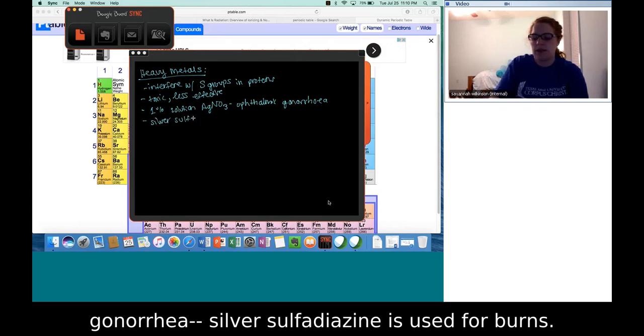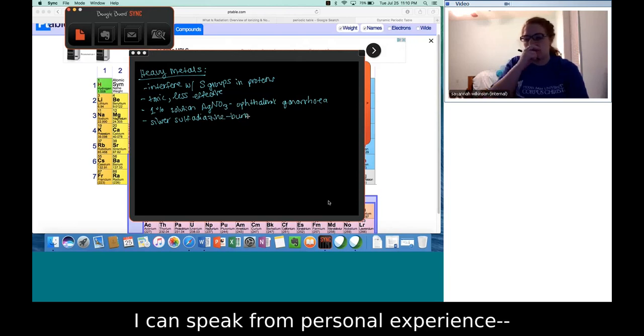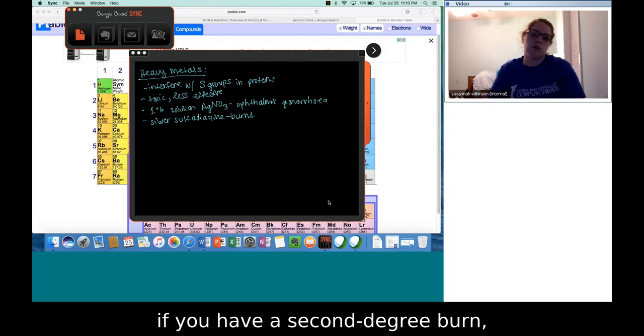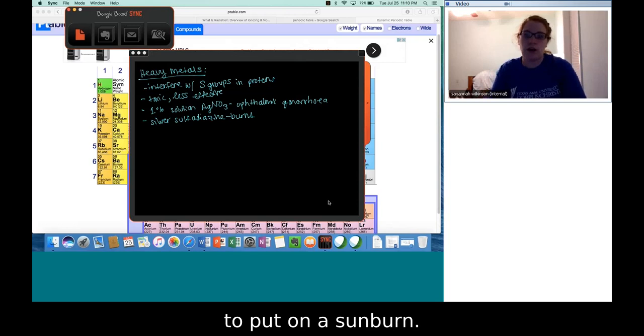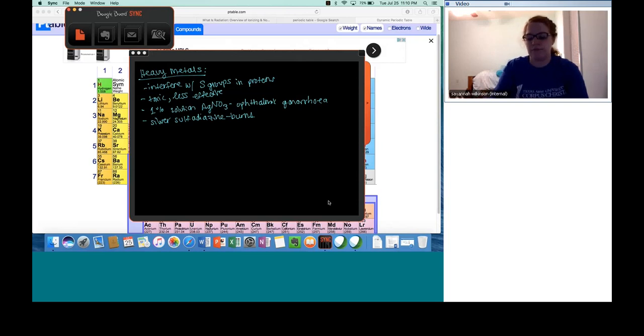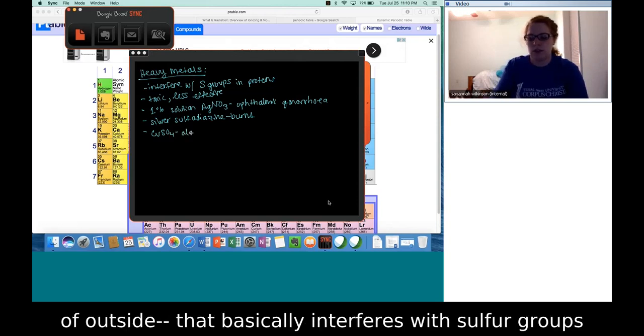Silver sulfadiazine is used for burns. And I can speak from personal experience. If you have a 2nd degree burn, they will give you silver sulfadiazine to put on that burn, on that sunburn. But, and then you have copper sulfate as an aldehyde.